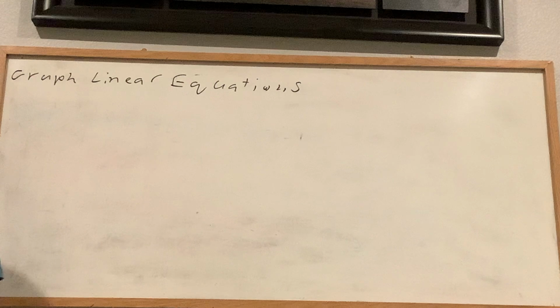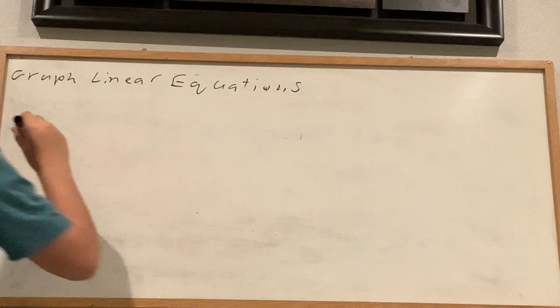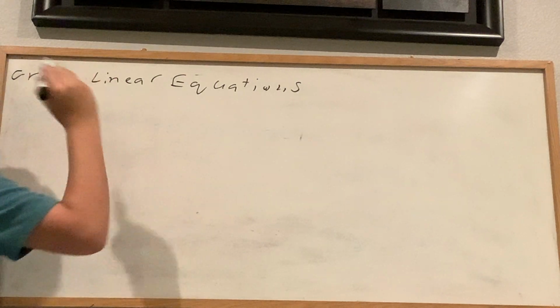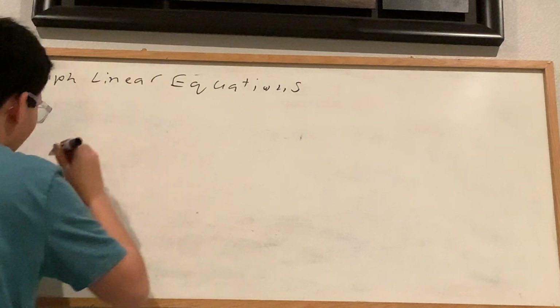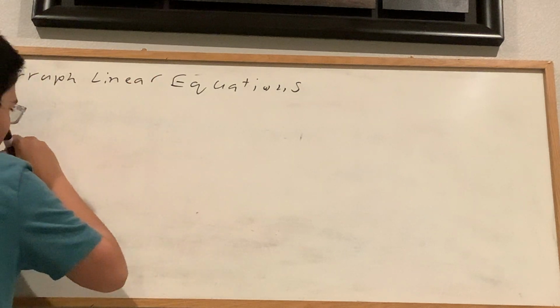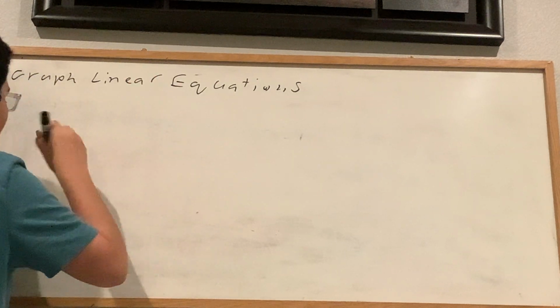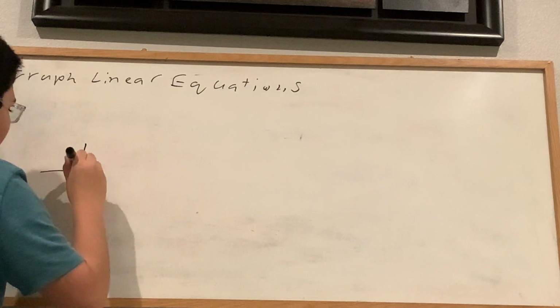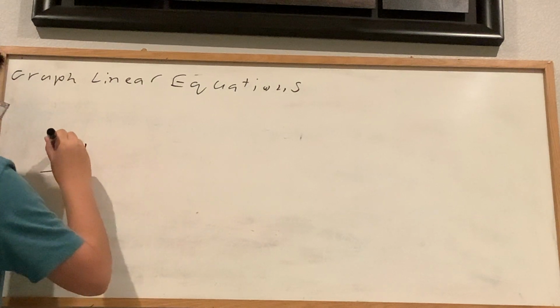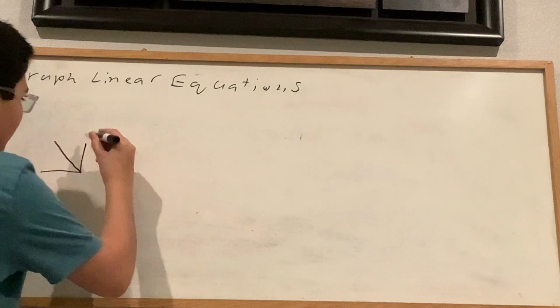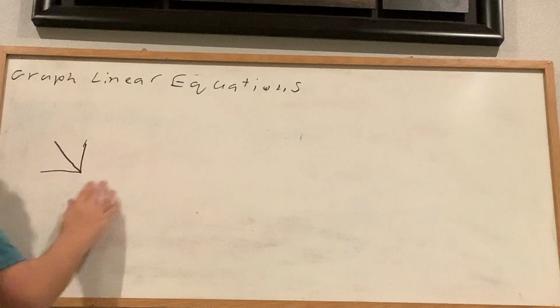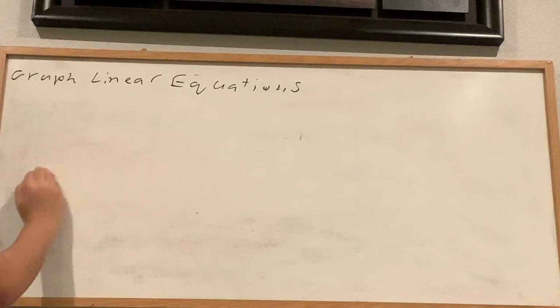Alright, so let's first start off with some examples here. This time I'm going to make something different. Last time I was like this. Now, if you think about it right here, let's put it on a graph.